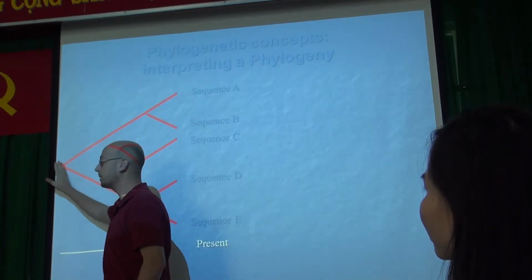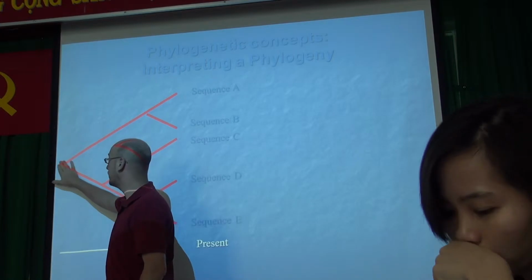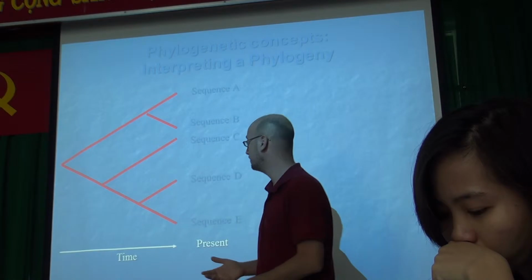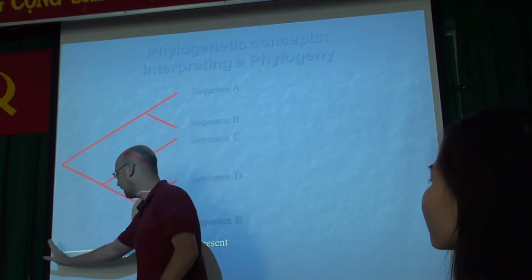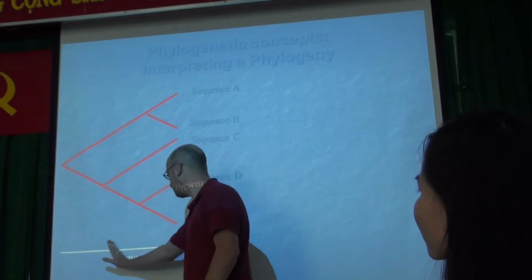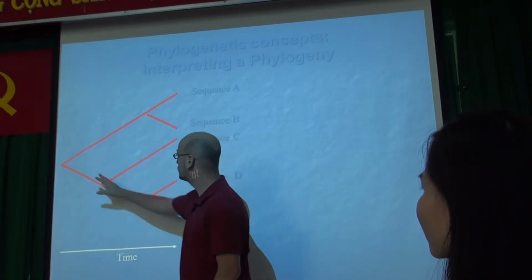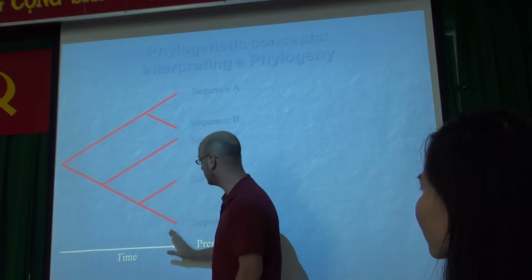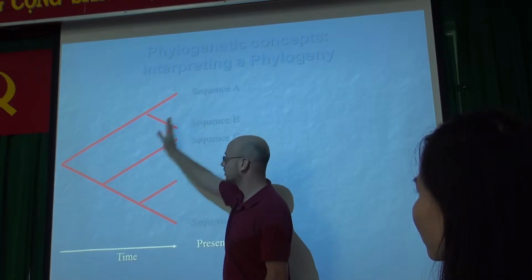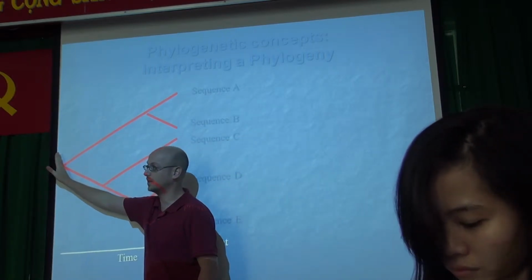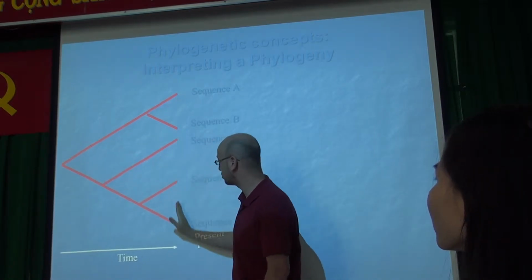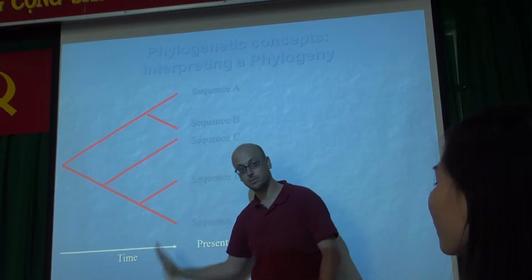Here we have the beginning, the very first ancestor, the father of everybody. And that's the beginning of the time of this tree. And as time progresses, the tree became more and more complicated until we arrived at the other end, which is now. So this is the most distant past, and time progressed until we arrived at the present. So this is now.